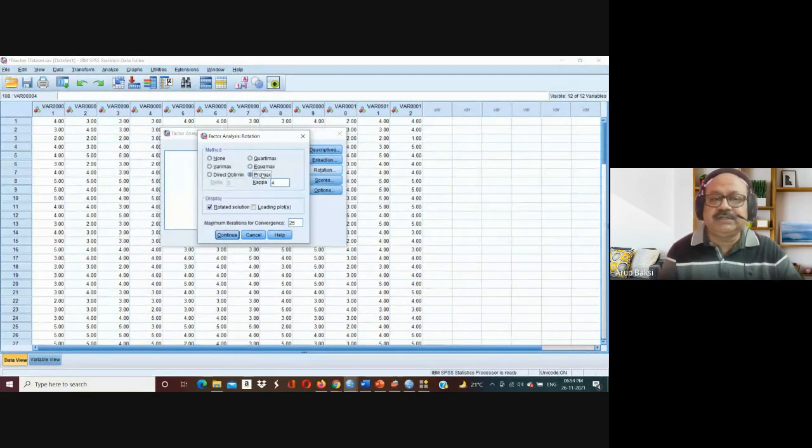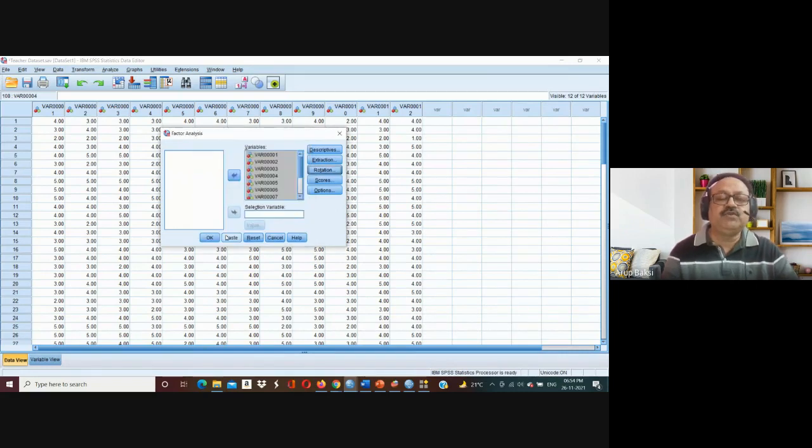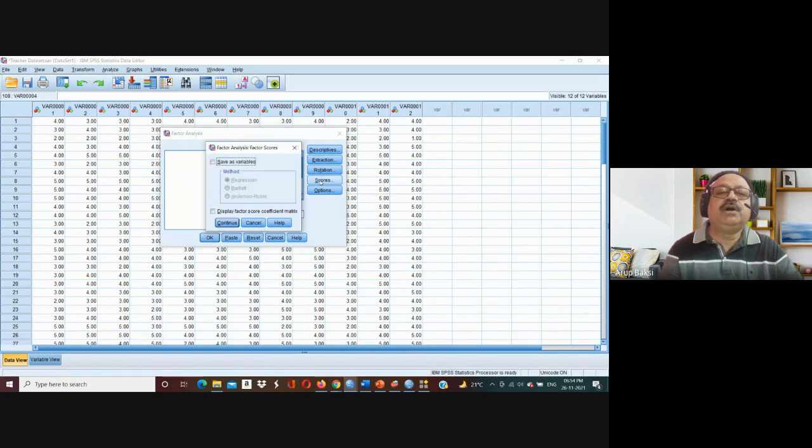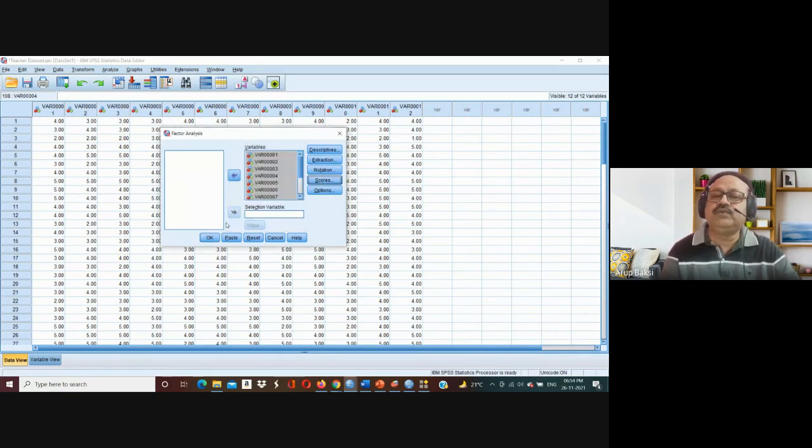So the industries or corporate houses which are using huge data sets, say a customer data set of a bank or from any other databases, normally go for this kind of oblique rotation. For most academic purposes, we go for varimax rotation. So we click continue. I will explain this concept of rotation as I have told you. Scores, no need to do anything with this.